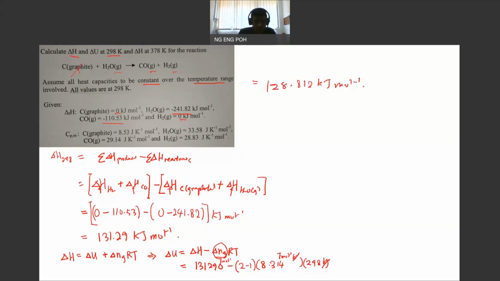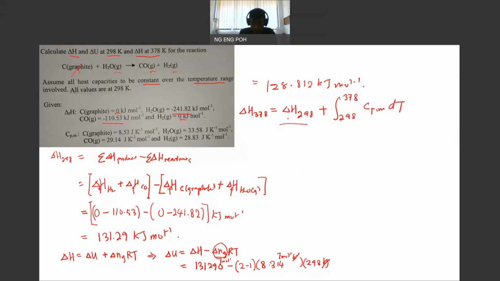So the next step is to calculate delta H at 378 Kelvin. So delta H at 378 Kelvin equals delta H 298 plus the integral from 298 Kelvin to 378 Kelvin of Cp dT.